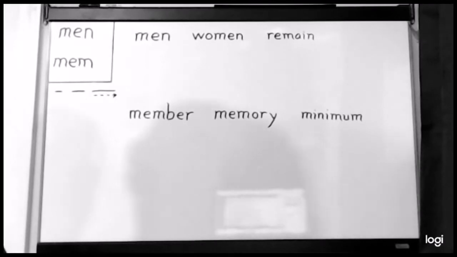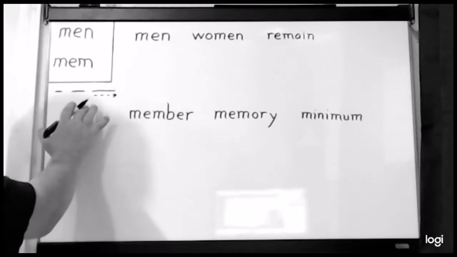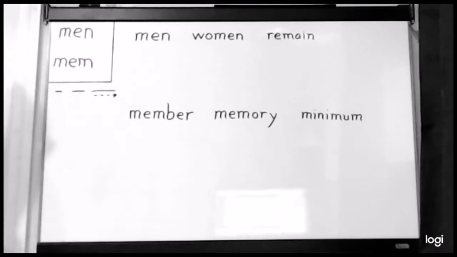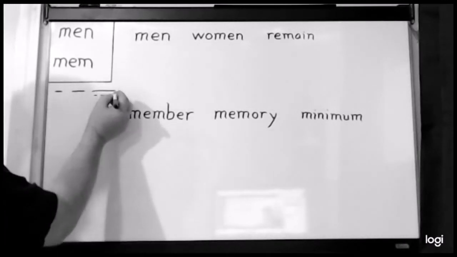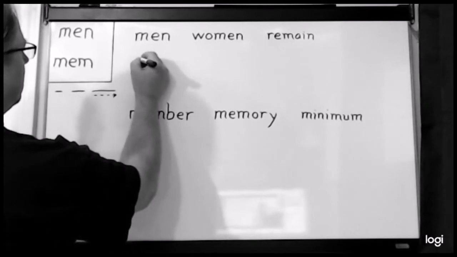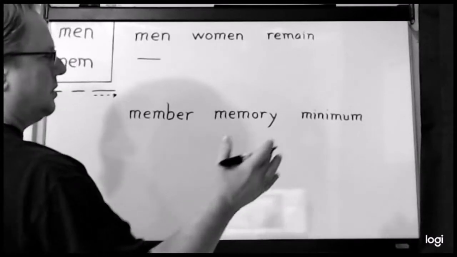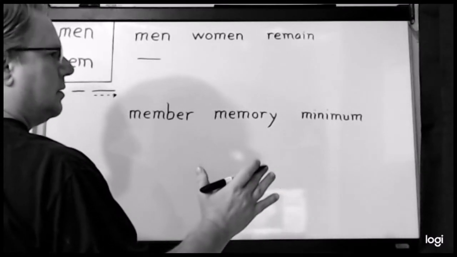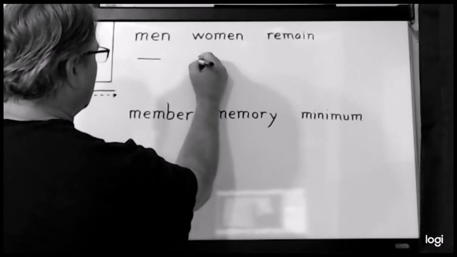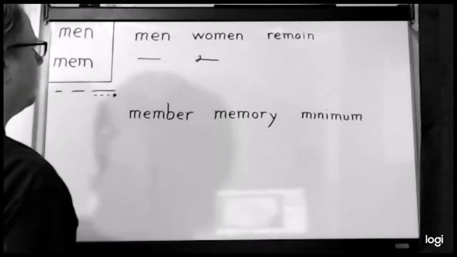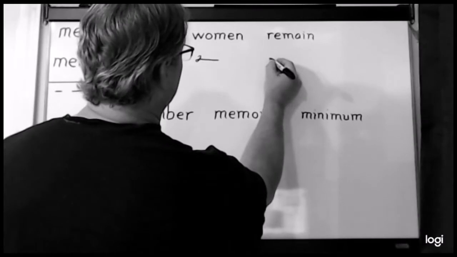The men or mem stroke is the large of this three-part horizontal series of strokes. So for the word men, we're just going to use this one stroke for men. For women, notice how women sounds like that W-I sound in the beginning. So we'll just write the U, the I, and the N for women. For the word remain, just write R-E-M-E-N.